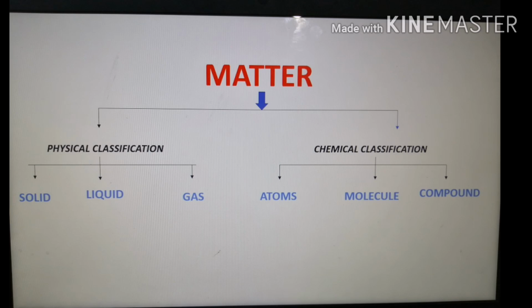And on the basis of chemical classification, matter is classified into three categories again, that is, atoms, molecules, and compounds. Now, first we will discuss the physical classification. So, let's start with the physical nature of matter.